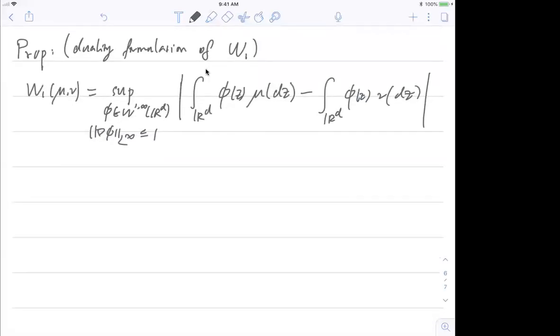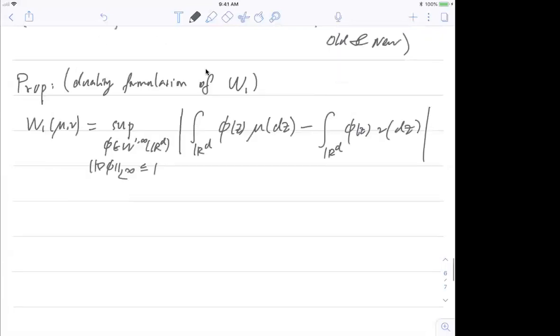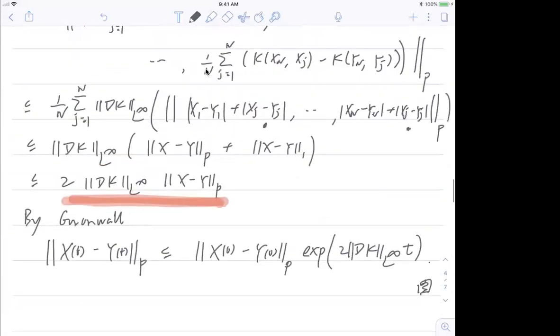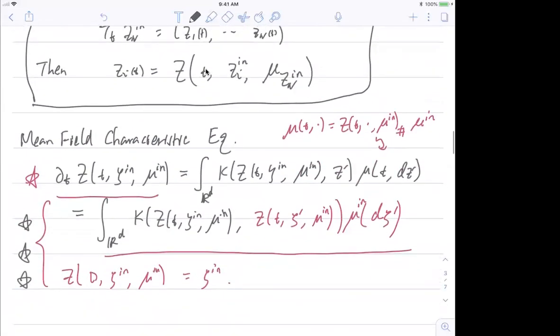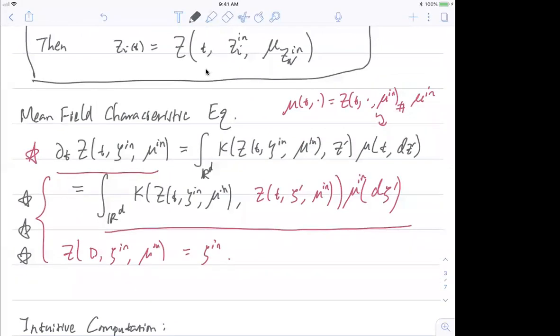I will just compare two trajectories. Since we can represent both the ODE system and the mean field dynamics using the same formulation, the mean field characteristics, as I wrote before, we use the same formulation, the mean field characteristic equation, to represent both ODEs and the mean field dynamics.